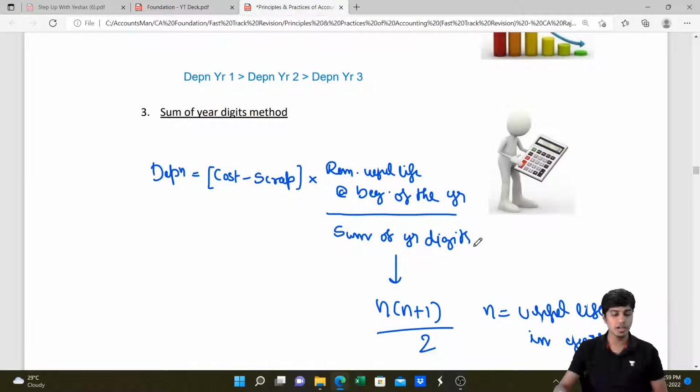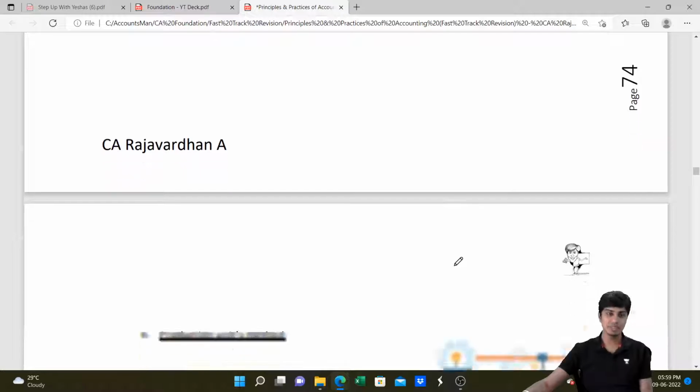And then we go on reducing 1 year from the numerator every year. Multiply this with the depreciable amount, that is cost less scrap value, because scrap value is the amount that will be realized, or at least expected to be realized, at the end of the useful life. So we do cost minus scrap value multiplied by remaining useful life divided by sum of year digits. And that remaining useful life is at the beginning of the year. I hope you all got this. That's the third method of depreciation.